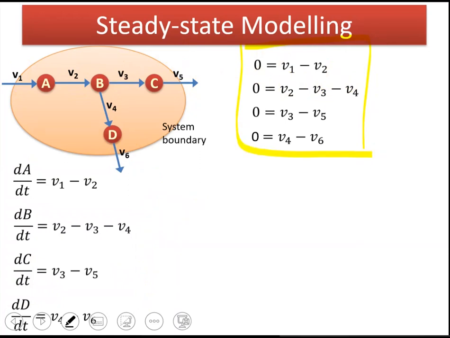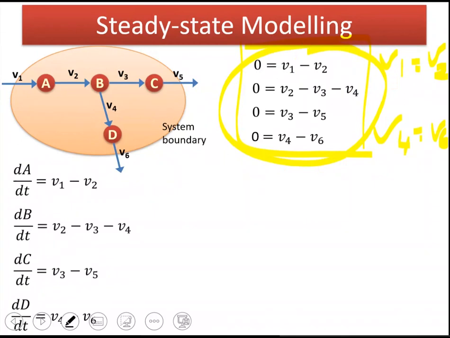By using the manual approach, we would say V1 is equal to V2, V4 is equal to V6, V3 is equal to V5, etc., etc. With the matrix representation, we can define all those equations in a matrix format, and by using a programming language environment, we can easily solve this set of equations. So I will talk about this matrix representation.